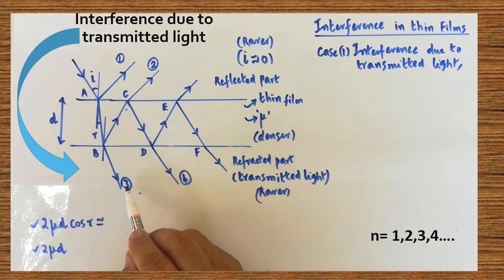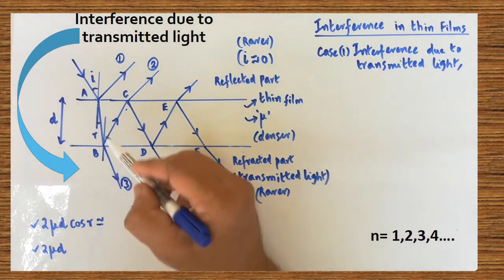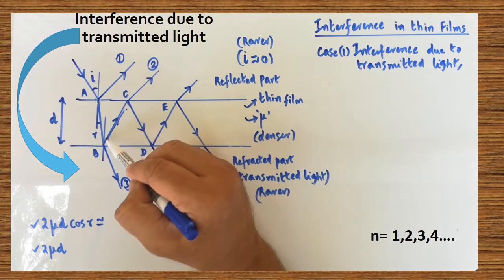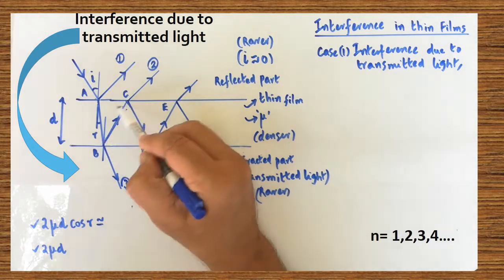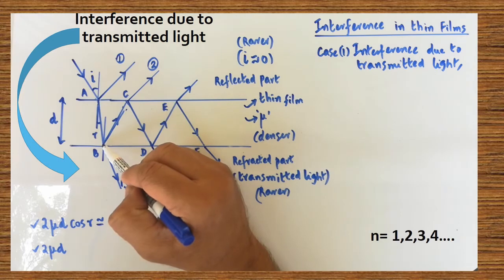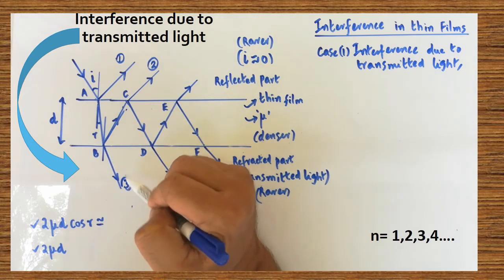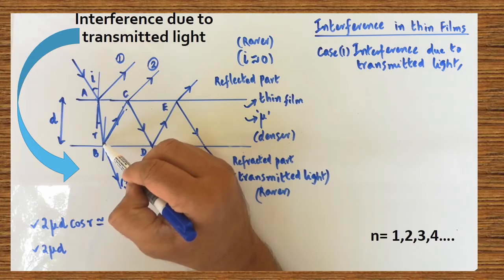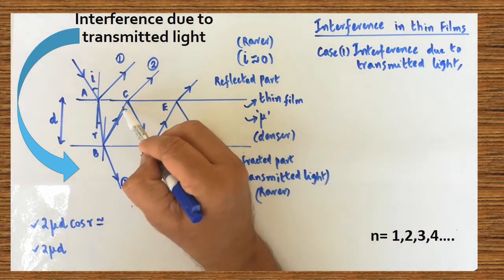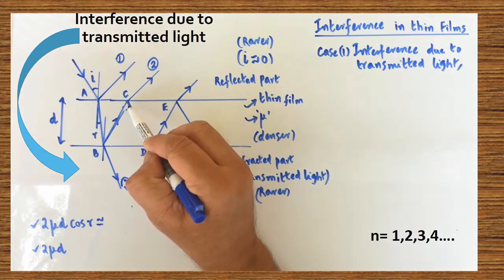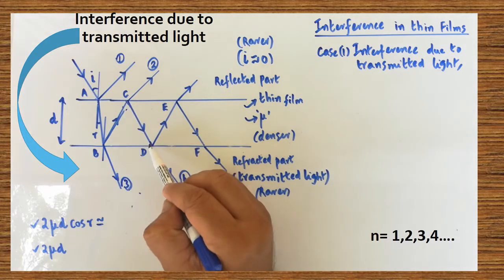What will be the path difference between the third and fourth ray? Look at that. The ray travels in this direction, almost d distance. This ray, after getting refraction, becomes the third ray. After that, this ray travels d distance. Again the same ray gets reflected, and again it travels d distance.